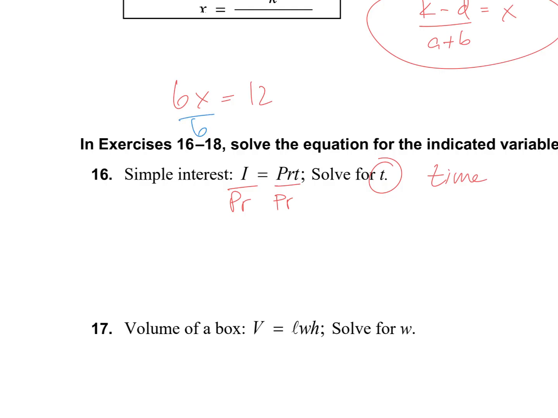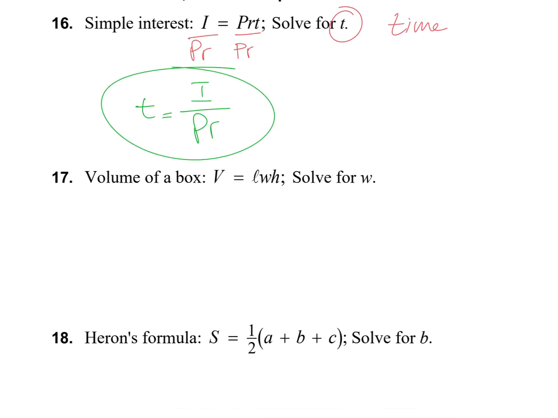Can you divide by 6? Yeah, you could. What if I'd said divide by 2 times 3? That's the same thing as 6. So you can divide by two numbers being multiplied together because you do it all the time. You just are maybe not thinking about it. So I over PR is what t is.